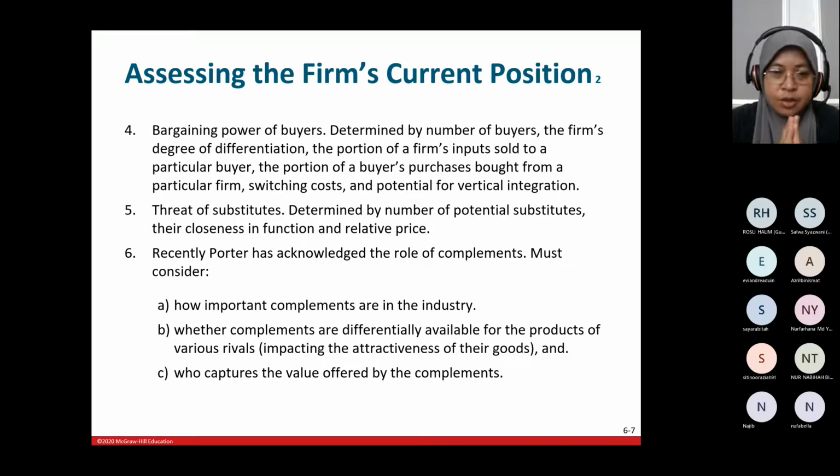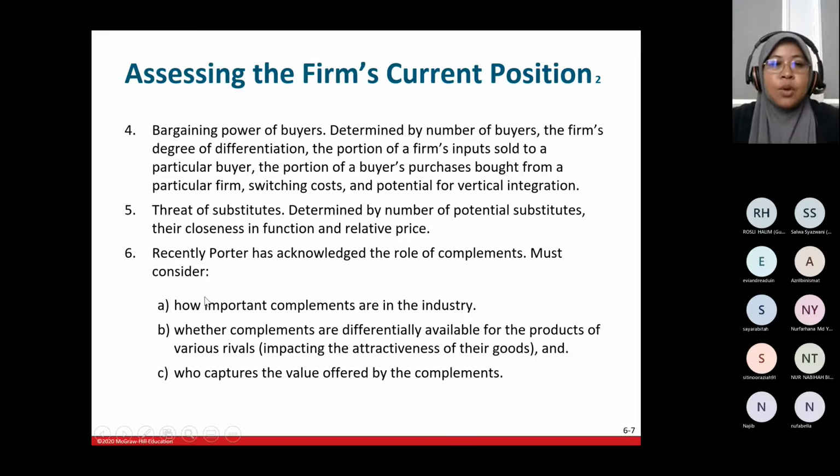If you are able to differentiate your product very differently from your competitor, at that time you have a higher competitive advantage. That's why companies, especially first movers, make sure their product can be easily differentiated by the customer.